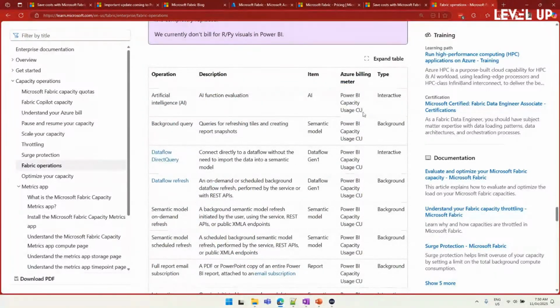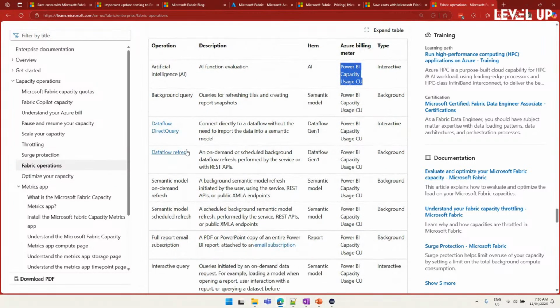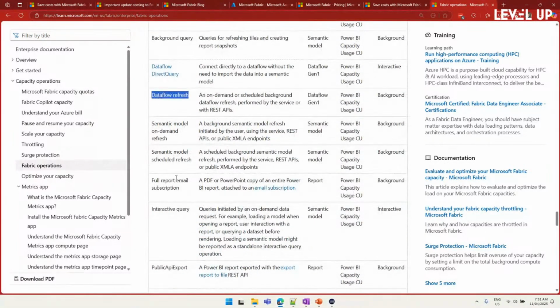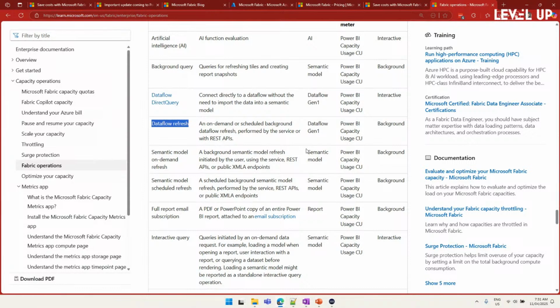And you can see this one specifically belongs to people using the reports and doing things with it, but also dataflow refresh and a lot more information. I would like to see maybe a further breakdown. So you can see here how we're mixing some of the background operations with the interactive operations under the same meter. Hopefully they get to break that down a little bit further in the Azure portal.